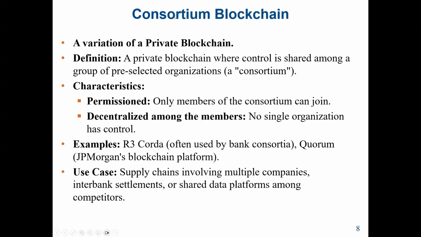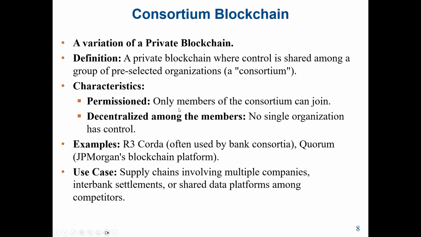So next will be the consortium blockchain. Here we say a variation of the private blockchain. A consortium blockchain is a type of permissioned blockchain where control is shared among a group of pre-selected organizations. This is where the term consortium comes from.